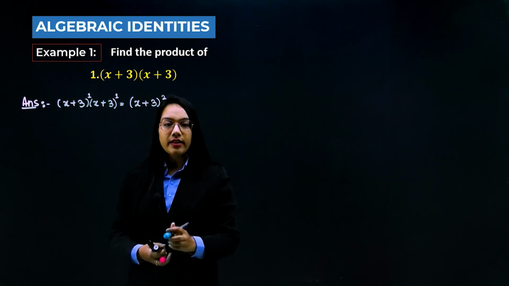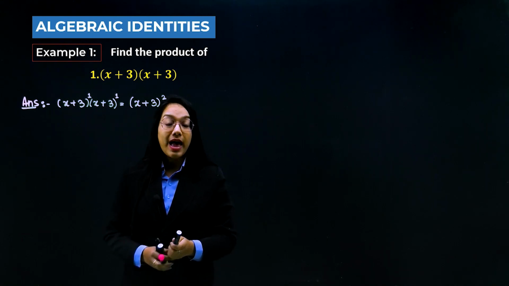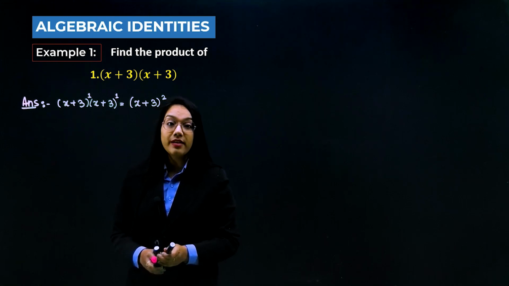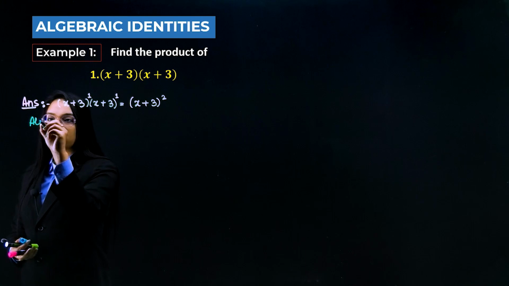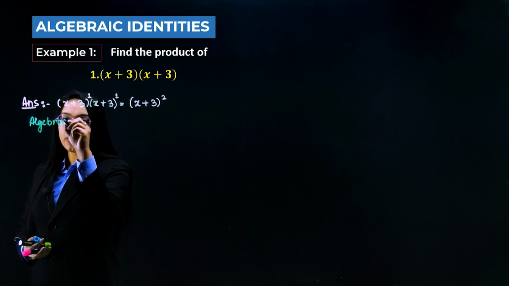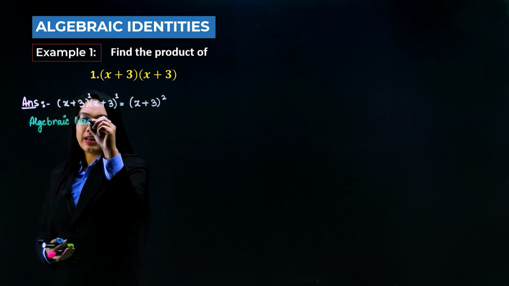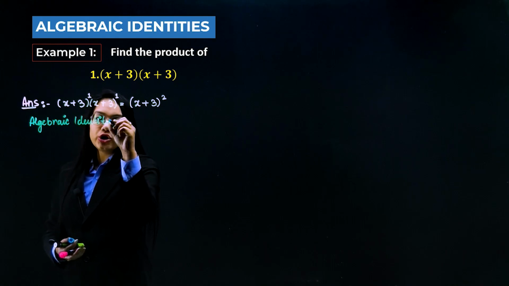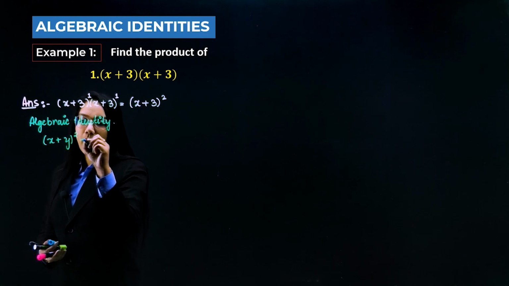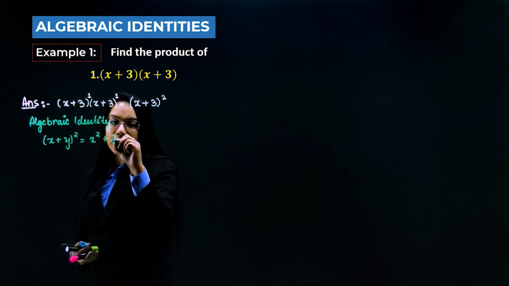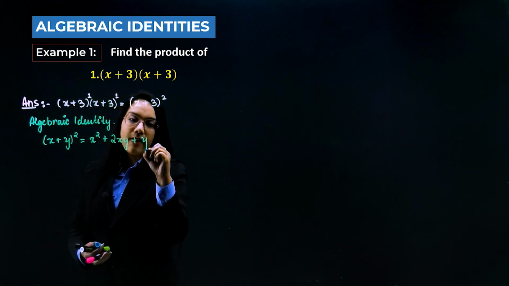Now, in order to find the product of this, we can apply the algebraic identity. What is that identity? We already know the algebraic identity which says that (x plus y) whole square is x square plus 2xy plus y square.